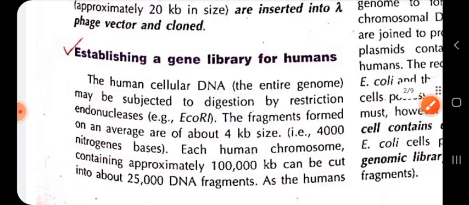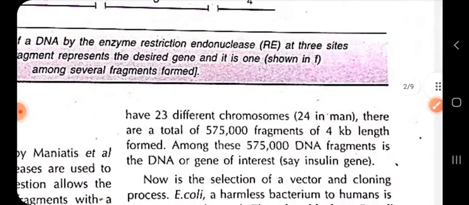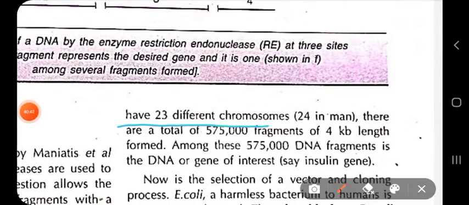Okay, and as humans have 23 different chromosomes, there are a total of 575,000 fragments of 4 kb in length. Imagine we have 23 different chromosomes.